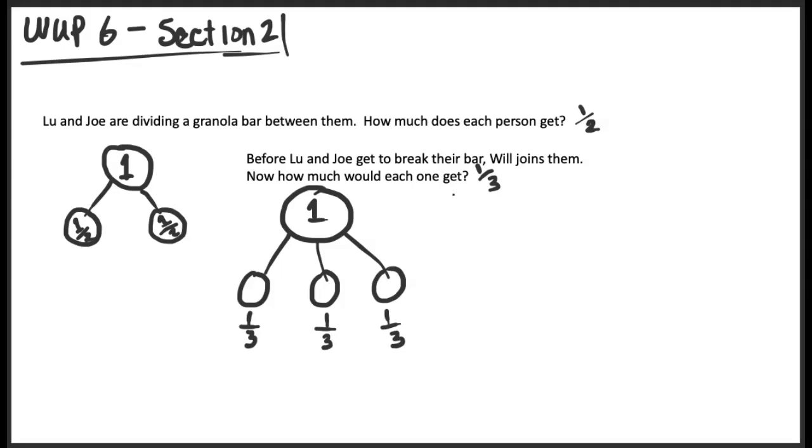And so with these problems, we can just look at the words and think about what the words are telling us, and we could decide that, oh yeah, we need 1, 2, 3 equal parts, right? So that 1 bar has to be divided into 3 equal parts. We can also do our part whole circle set, right?